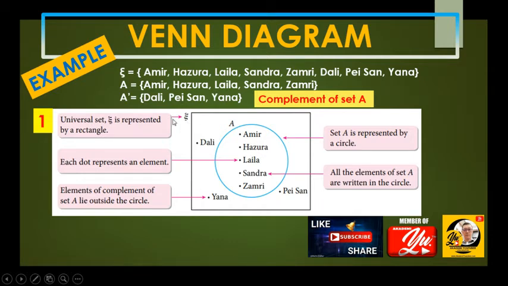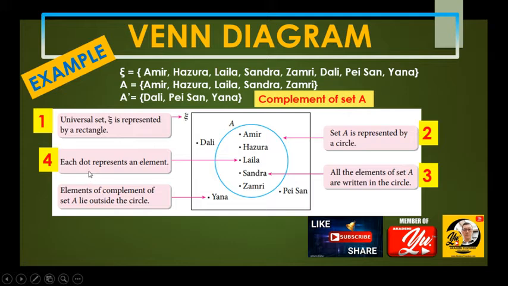That is called universal set. Second step, set A is represented by a circle. All the elements inside set A, we use one circle to put them together. All the elements of set A are written in the circle.